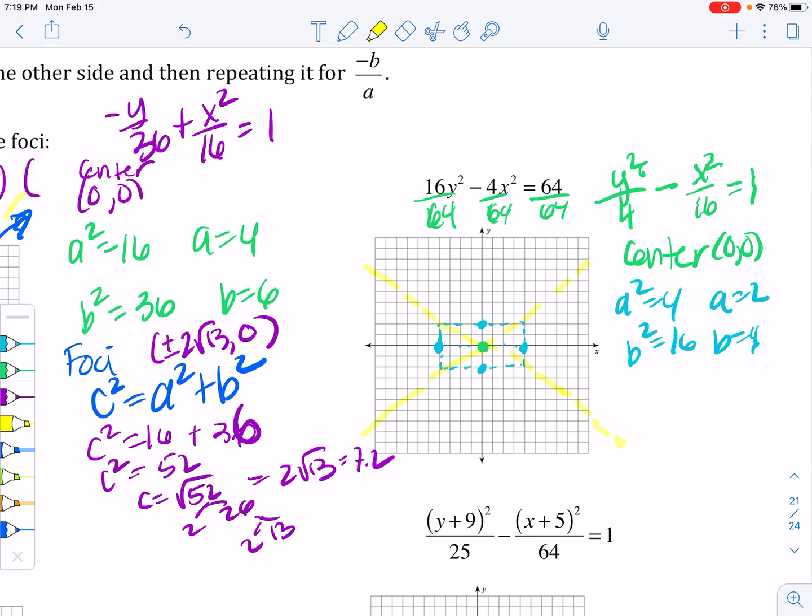So then we're opening up towards our y's, since y is positive. So here's my vertex, and then I'm going to pull towards the asymptote, pull towards the asymptote. Here, pull towards the asymptote, pull towards the asymptote.